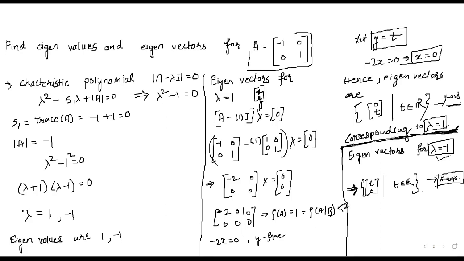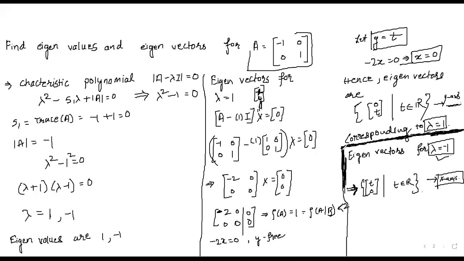Look, linear algebra is so important that whichever field you choose, machine learning, or data science, or artificial intelligence, everywhere you will need eigenvalues and eigenvectors. That's why I'm spending so much time discussing this with you. Please tell me what is happening.